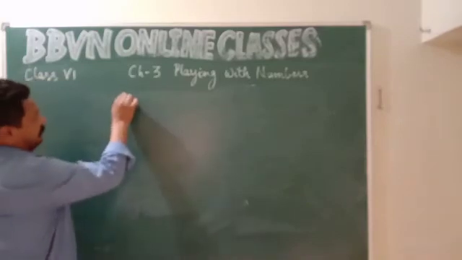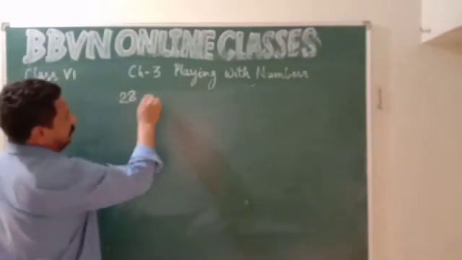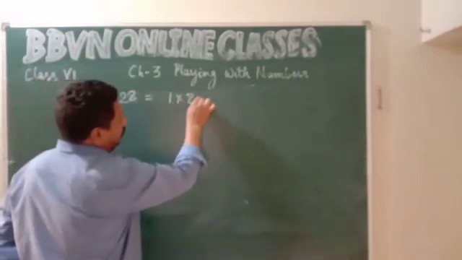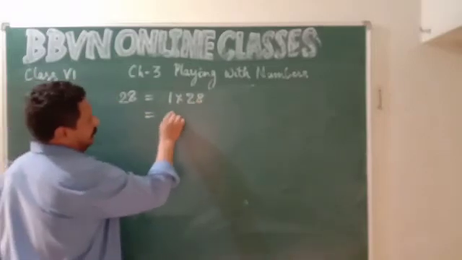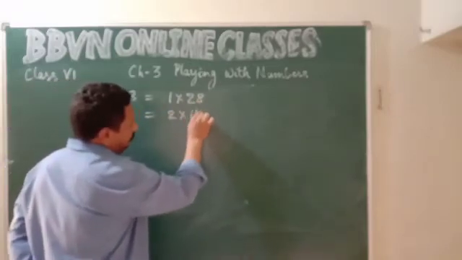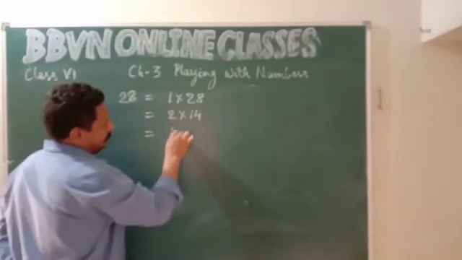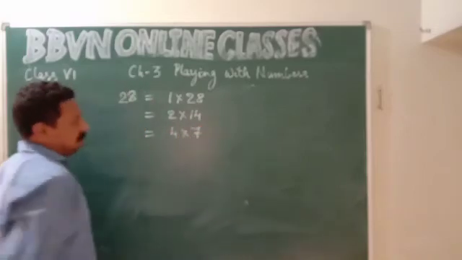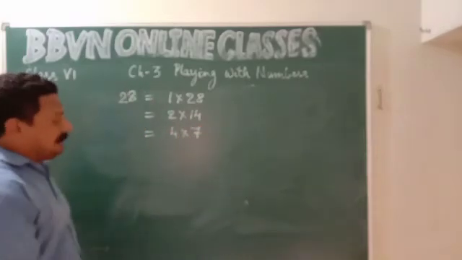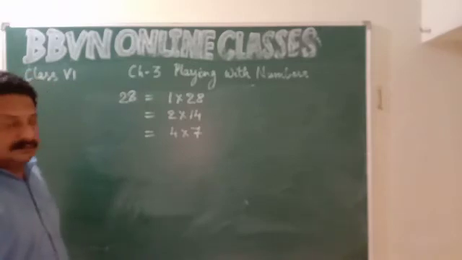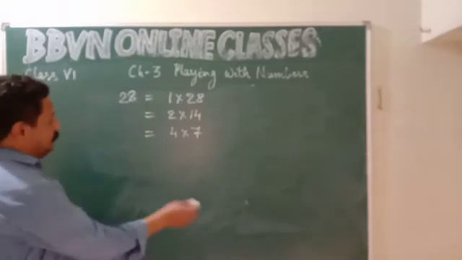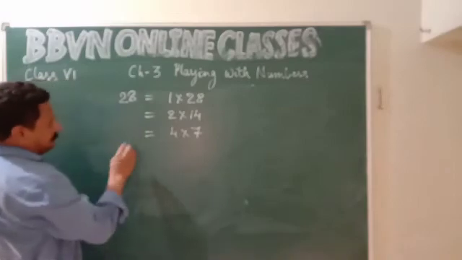Let us consider a number 28. I can write it as 1 into 28, or I can write it as 2 into 14, or I can write it as 4 into 7, right? Is there any other way that we can write 28? There is no other way, right? So let us see all the factors.